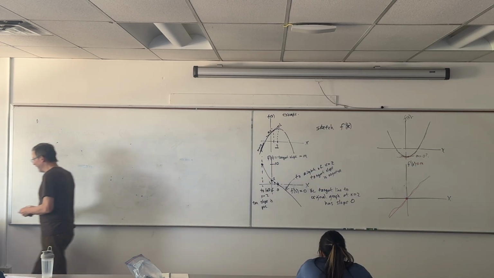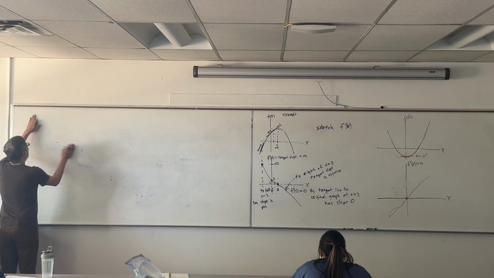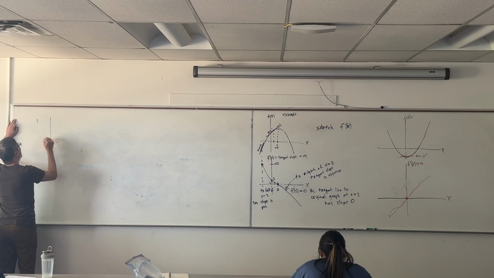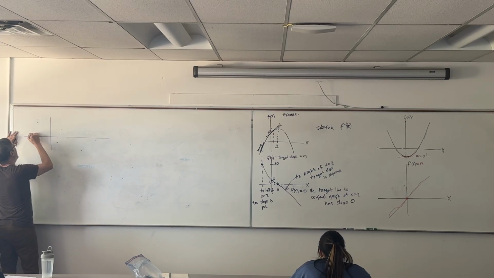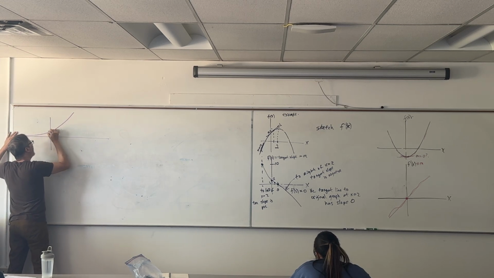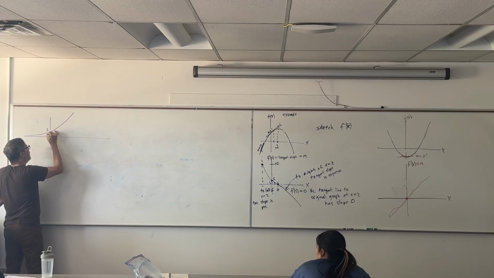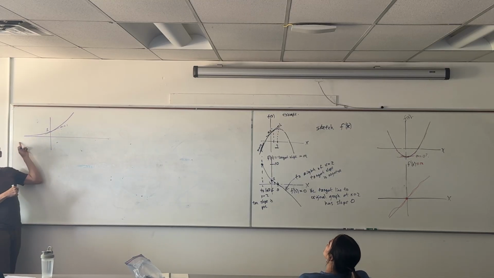Let's do another. How about a purple? All right, so this one, and right here at 1, I'm just going to tell you that the tangent slope is 1, and this is asymptotic.